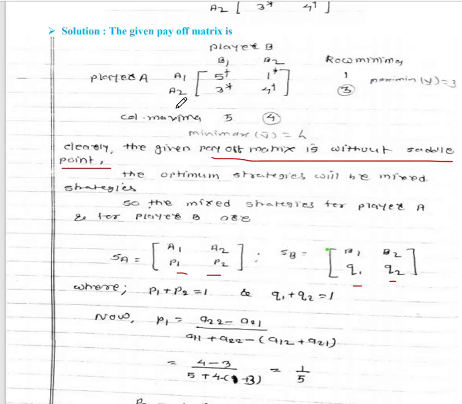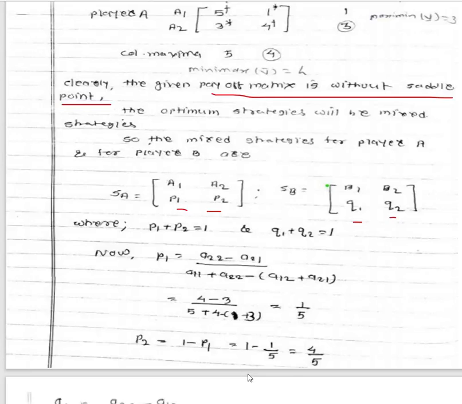Using this payoff matrix we put the values: A22 is 4, A21 is 3, A11 is 5, plus A22 that is 4, then A12 that is 1 and A21 that is 3. Solving this we get P1 is 1 upon 5.